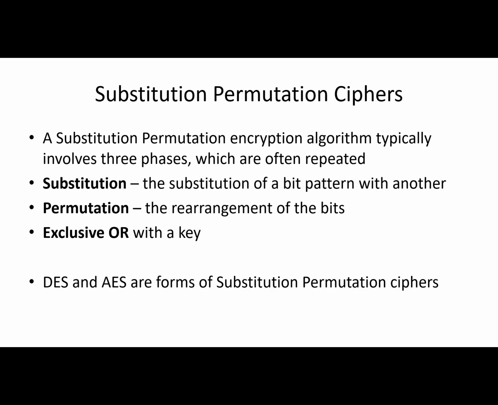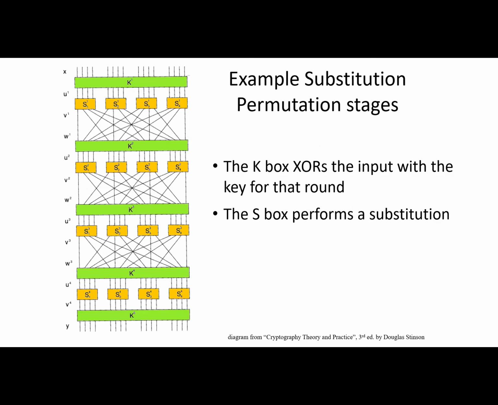There's a substitution, which takes this bunch of bits and replaces it with that bunch of bits. Permutation, which rearranges the bits, takes a bit from here, puts it over there, just scrambles them up in different order. And then exclusive OR, everybody knows exclusive OR, one of the basic Boolean operations, exclusive OR the bits with the key. And typically there's multiple stages of this, and you use a different key version. There is a simple version of the concept.